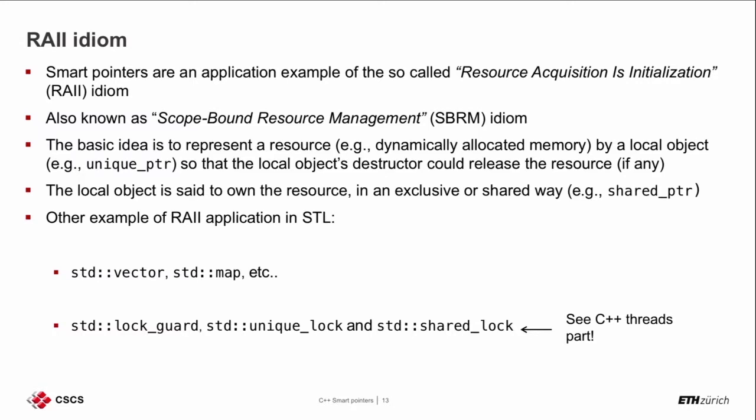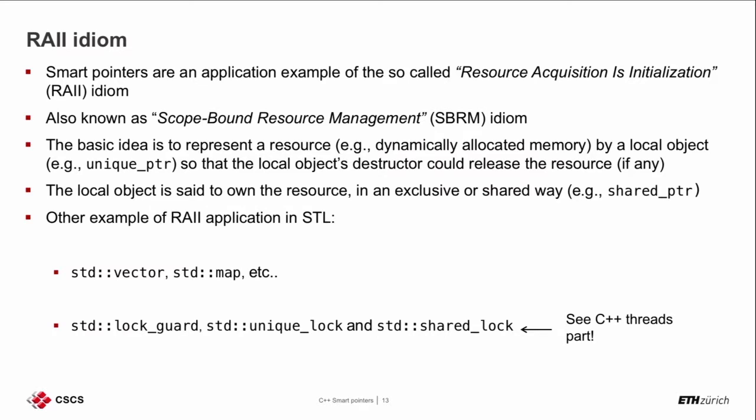And this is exactly the idea of smart pointers, because you want to represent a given resource, in this case dynamically allocated memory on the heap, with a local variable, which is a smart pointer, in such a way that when that variable goes out of scope, because it is destroyed for you, the memory is automatically released, so you don't have to worry about memory leaks.